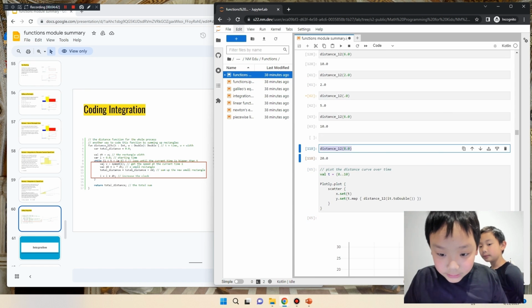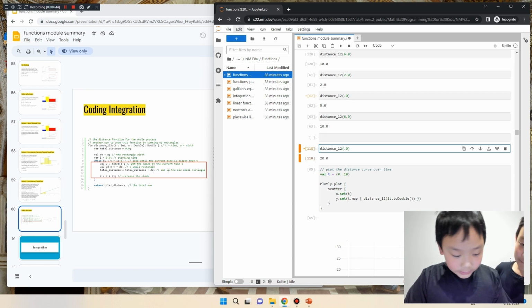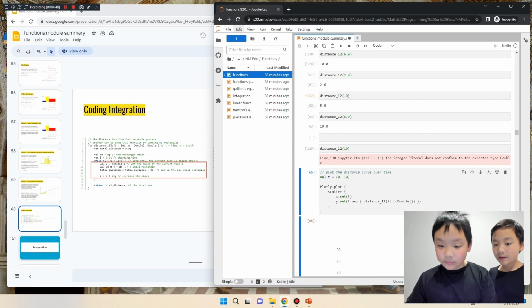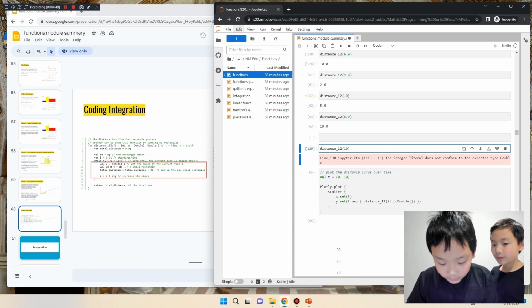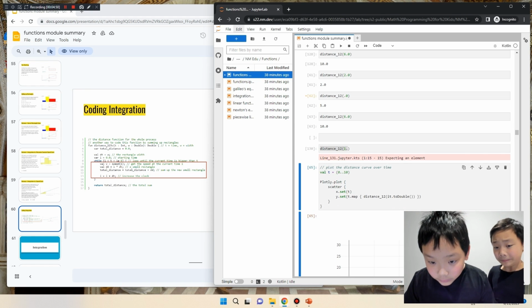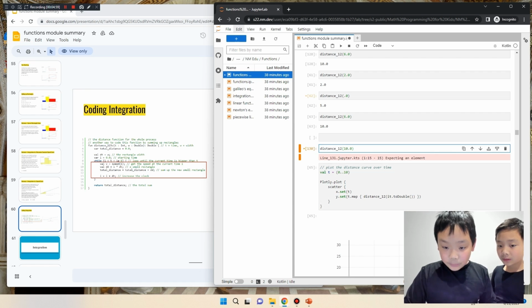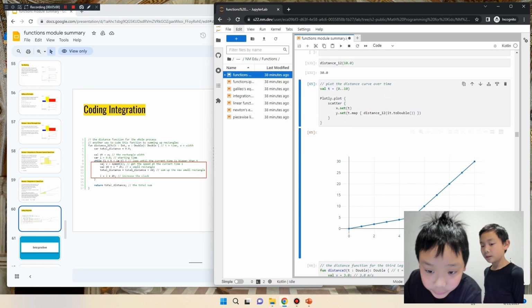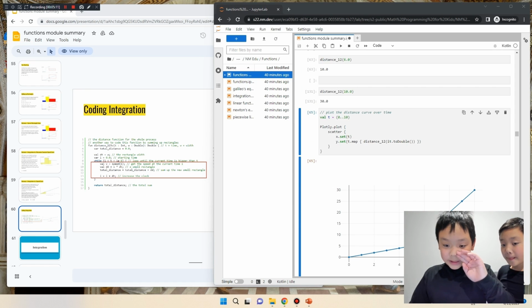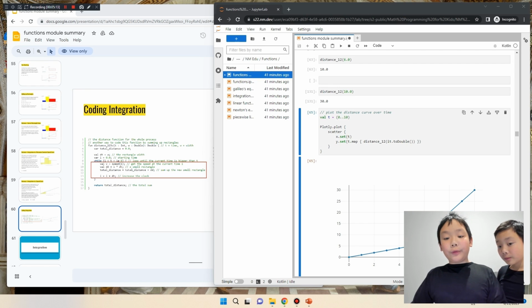We can also see this if we put 10 here, and it will give us 30. And so this function is basically applying the distance 1, 2 function to the t, which is 0 to 10, which is the point 0 to 10.